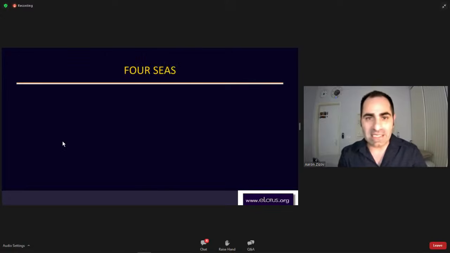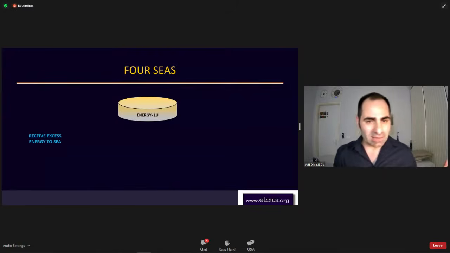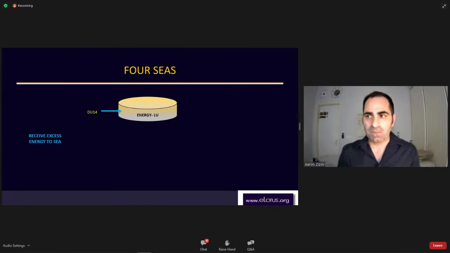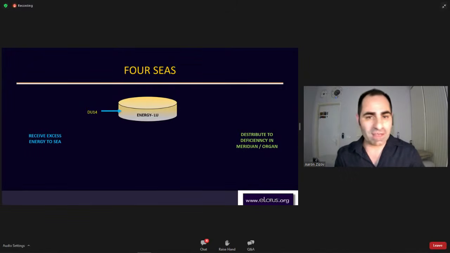So we have the 4 C's, the sea of energy, where we can receive some excess energy and help it from du 14, for example, to get into this warehouse and keep it until we need it to distribute this energy to a specific meridian or organ which is deficient.